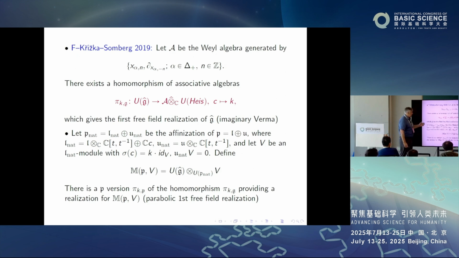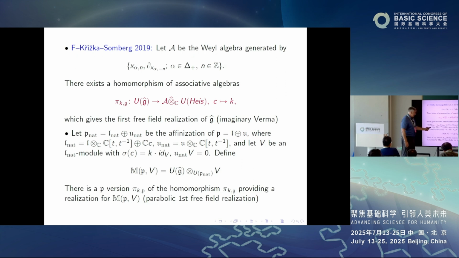And so there is a parabolic version of that, which gives parabolic first free field realization if we do the following. Let's take a different affinization over our parabolic subalgebra. This is our fixed parabolic subalgebra from the beginning of finite dimensional G. And now we take a different affinization this way.